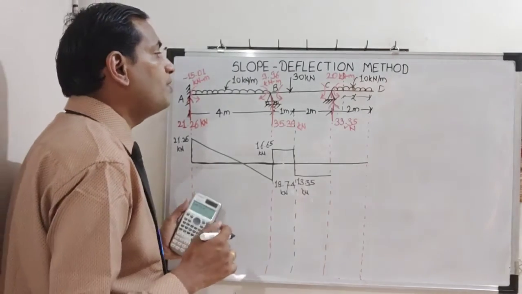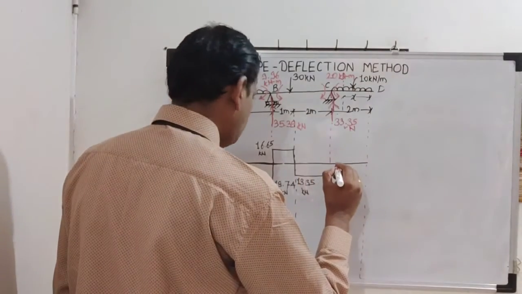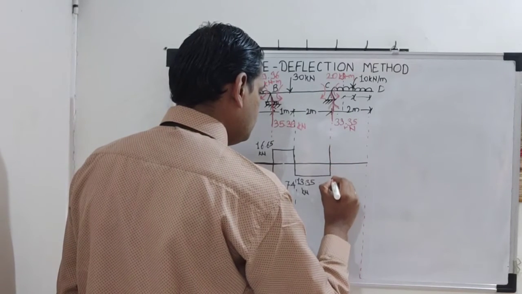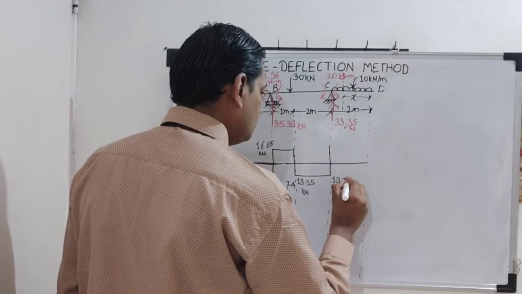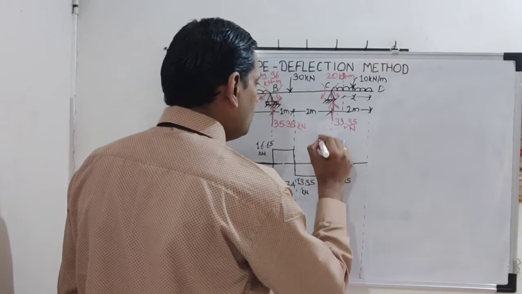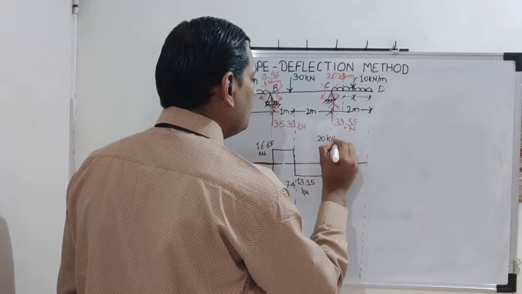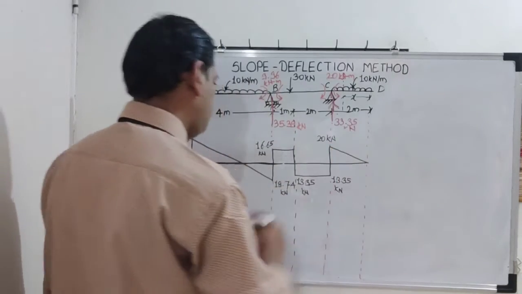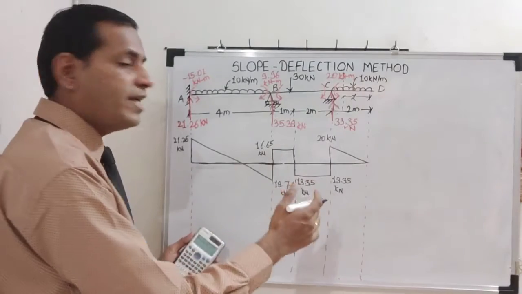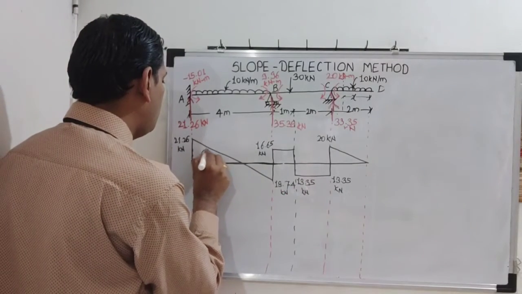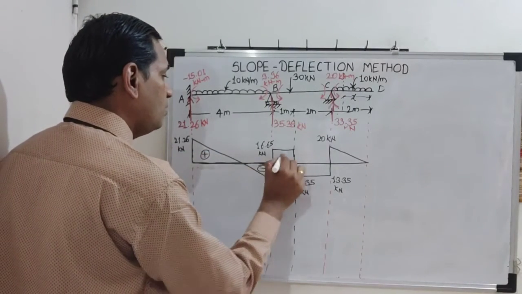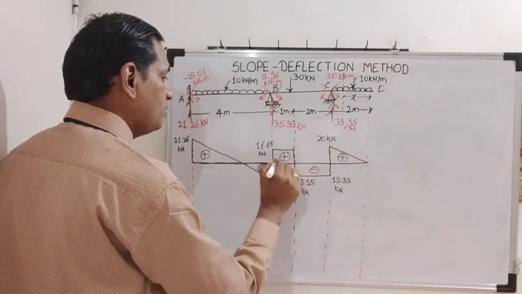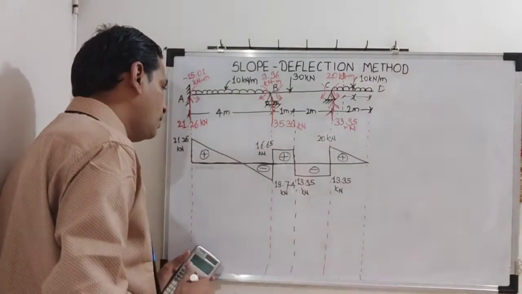So it will be plus 20. So here is 20 kilonewton and it will be 0 here. So this is our shear force diagram. This is plus, minus, plus, minus, plus.